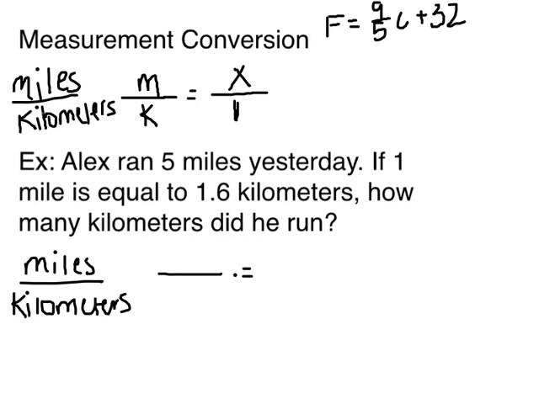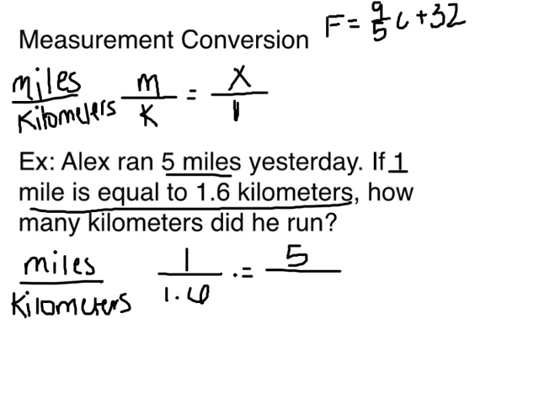Let's look at the ratio they gave us. 1 mile is equal to 1.6 kilometers. I see miles is on top, so I'm going to put 1 mile and 1.6 kilometers. They give us 5 miles, so I'm going to put a 5 on top, and I'm looking for the number of kilometers, so my x goes there.